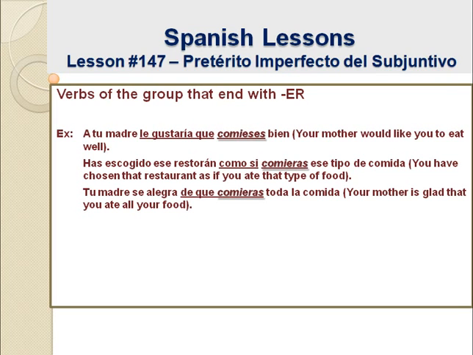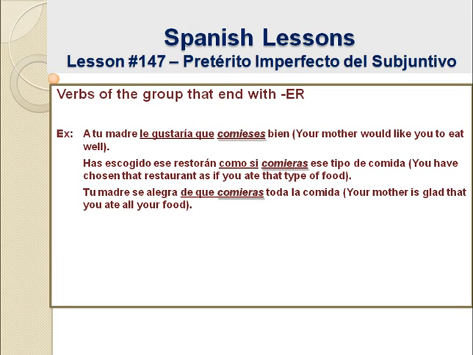You can see here that this is not a factual situation, right? It's expressing a desire, but it's not talking of something that is happening or that happened or that will happen. That is the trademark of the modo subjuntivo, the subjunctive mode. Has escogido ese restaurante como si comieras ese tipo de comida.